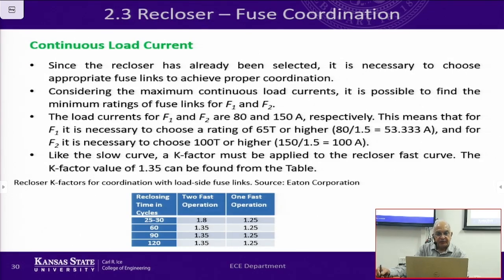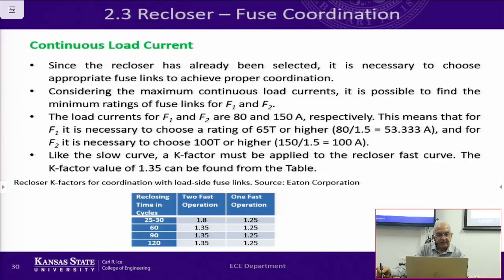Again we use the same logic, and the load currents for F1 and F2 are 80 and 150. Using that factor of 1.5, we come up with 65T for the 80 amp line, and 100T for the other line. So we have the two fuses: F1 is 65T, F2 is 100T.